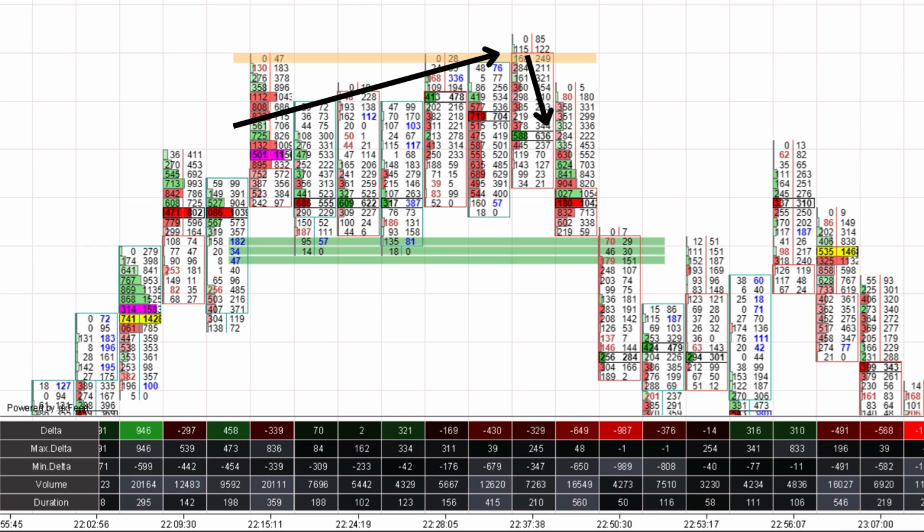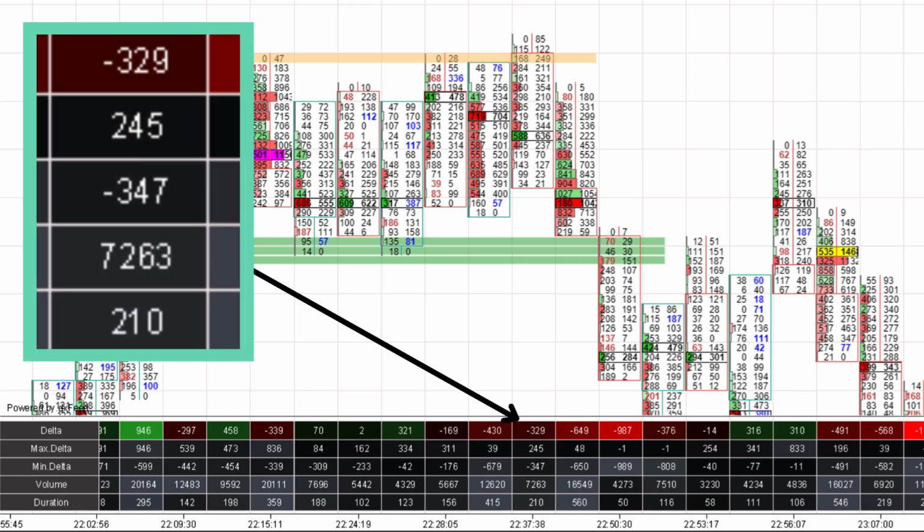Now, that certainly shouldn't be enough to trigger us into a short position, so let's look deeper into this, comparing our delta information. The delta figure was -329, and the max was 245, with the min being -347. So that tells us that there was a push to break this out higher. How can we know? Well, the max delta reads 245.